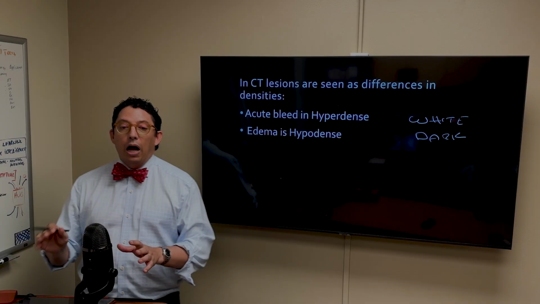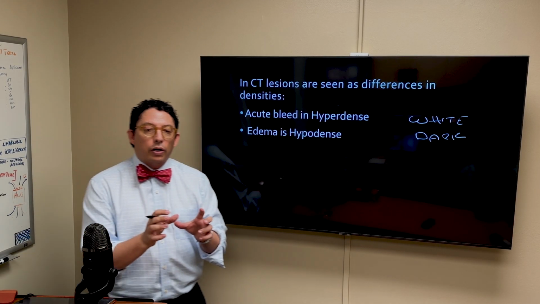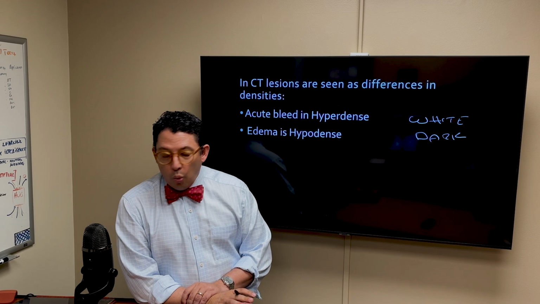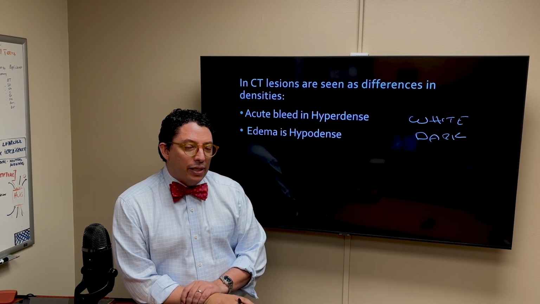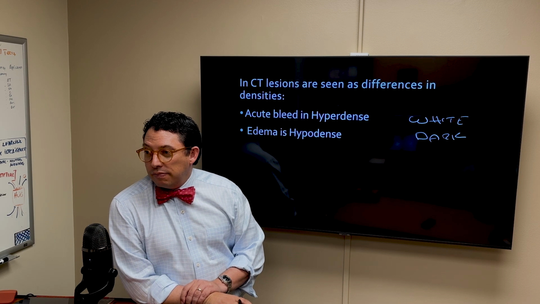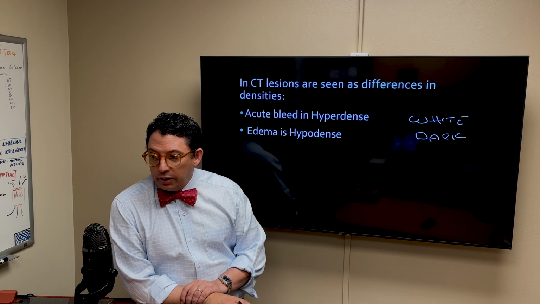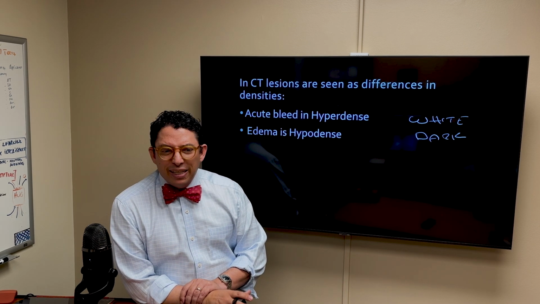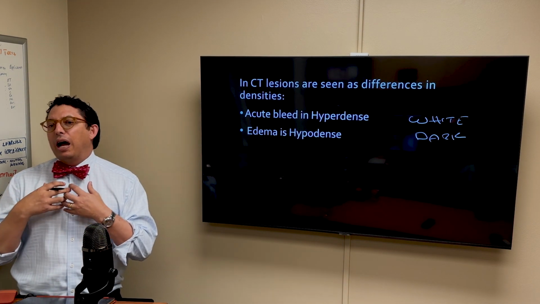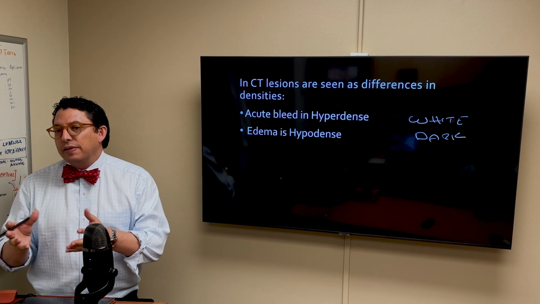Now this is a very important part of CTs. There are very few things that make a brain have a higher density. One of the things that really makes this phenomenon happen is if you have an acute bleed inside of the brain.